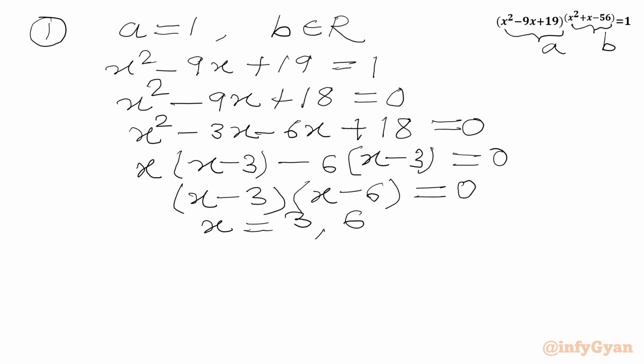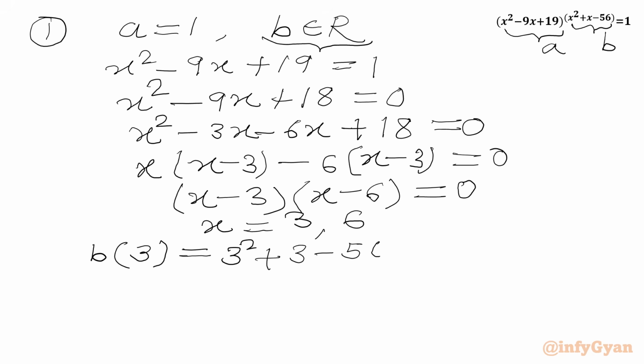Now we have to check b should belong to real numbers at these x values. So we will calculate b of 3, it should be real, and b of 6, both values should be real. So let us find b of 3. x square plus x minus 56. We'll write 3 square plus 3 minus 56. Value will be equal to 9 plus 3, 12 minus 56, minus 44, which is a real number.